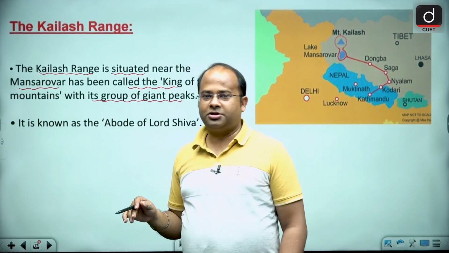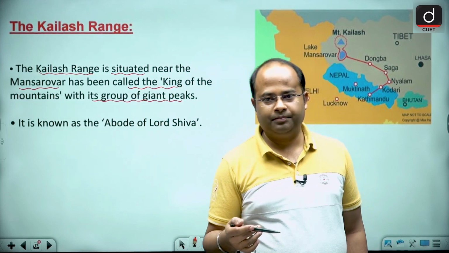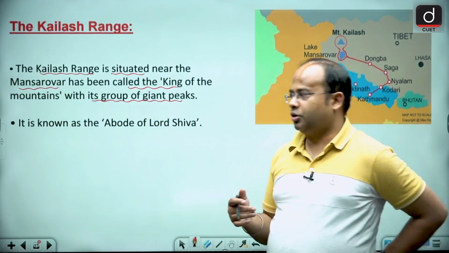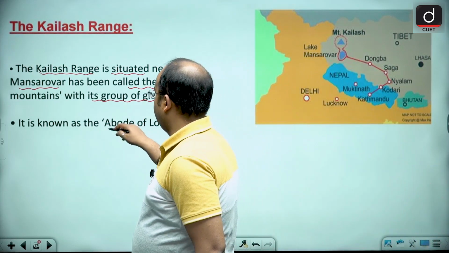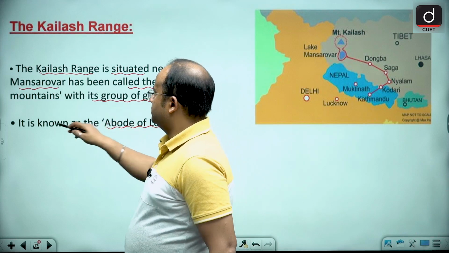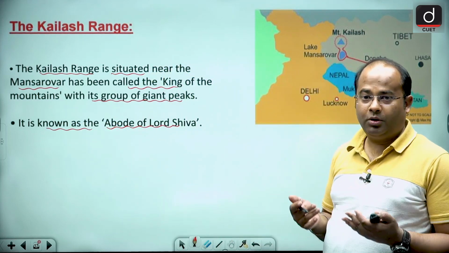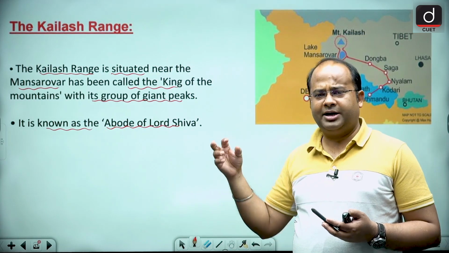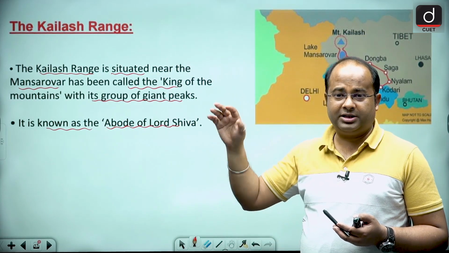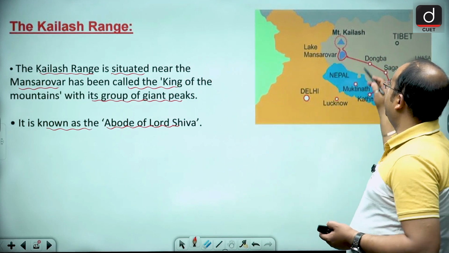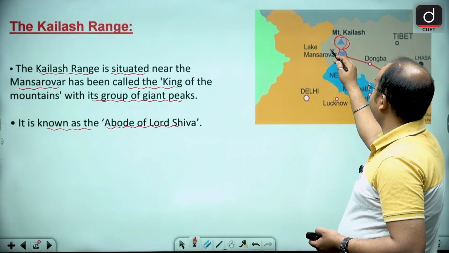It is also known as the abode of Lord Shiva, or simply the home of Lord Shiva. It is considered Kailash Parvat, home of Lord Shiva, this is Mount Kailash.